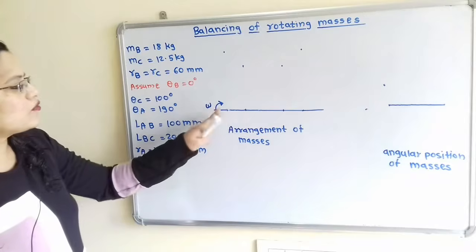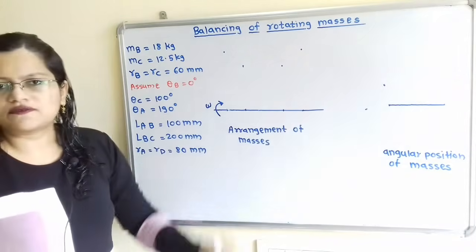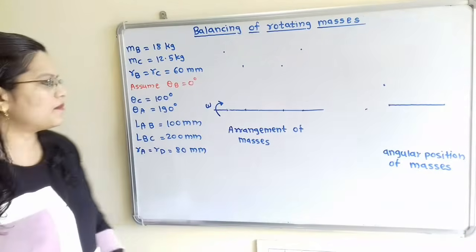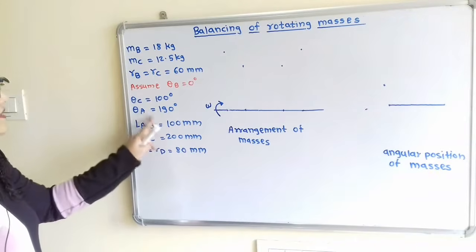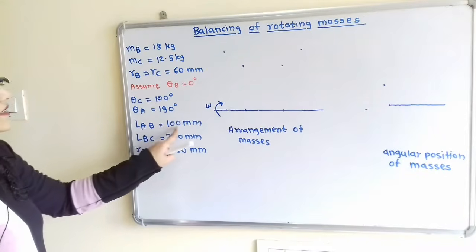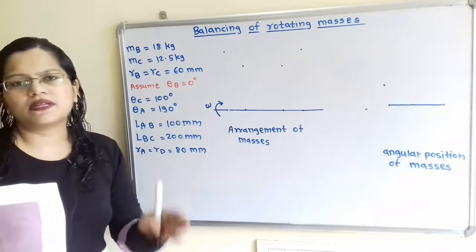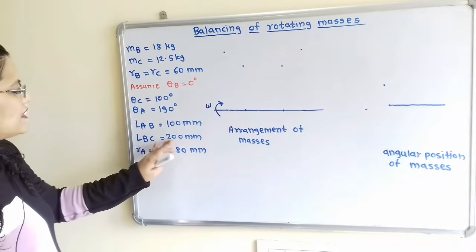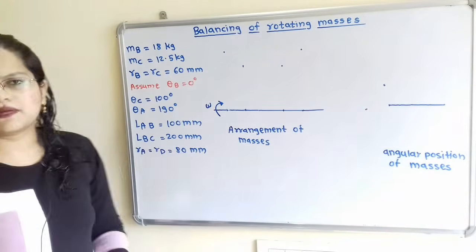Now we have to plot the axial distance for these different planes because the masses are rotating in different planes. So here the distance is given. So distance in between A and B is 100 mm. So 100 mm, that is 0.1 meter, and distance between B and C is also given 200 mm.